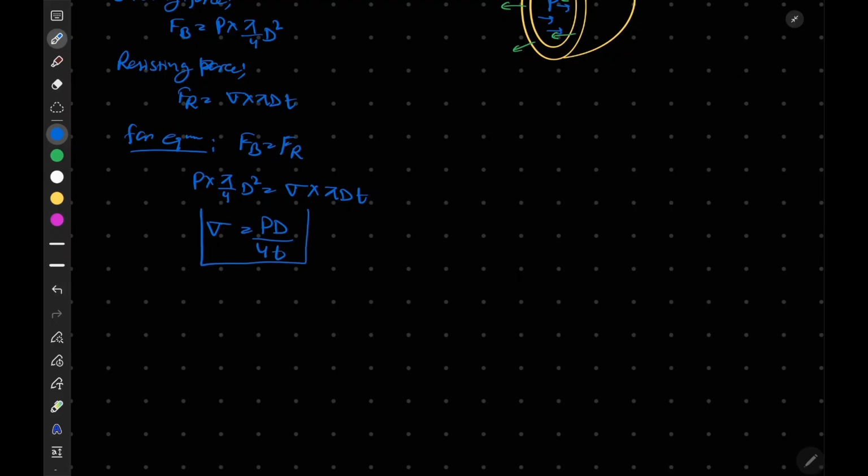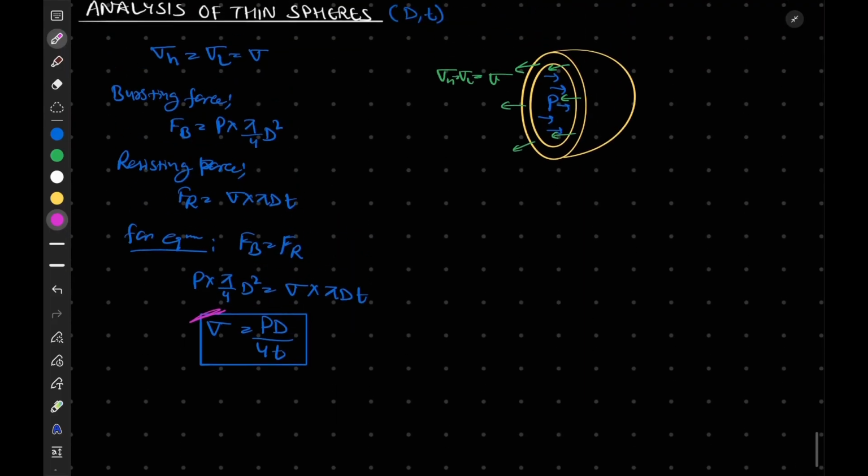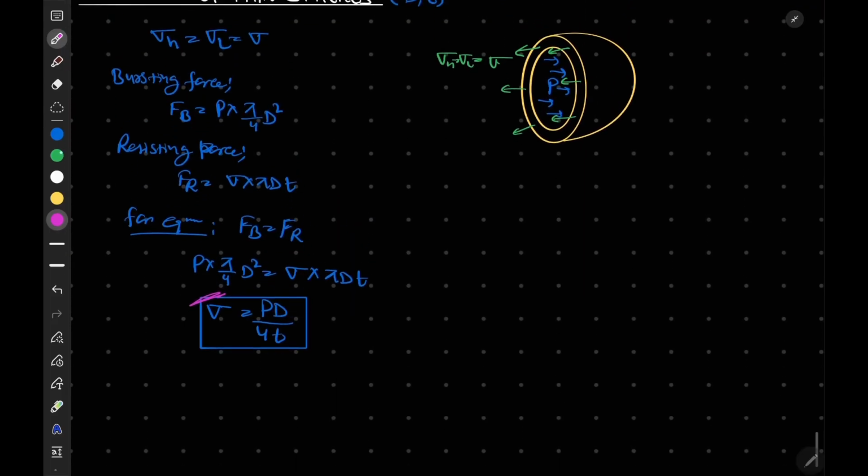So this is your stress in the case of thin spheres. I can write that my sigma h value is equal to sigma l value, which is equal to PD by 4t.